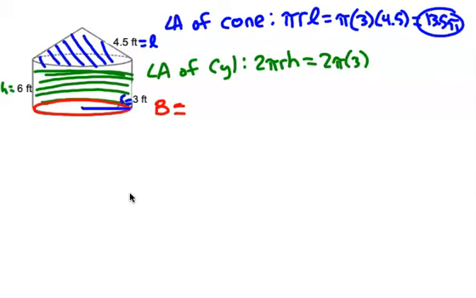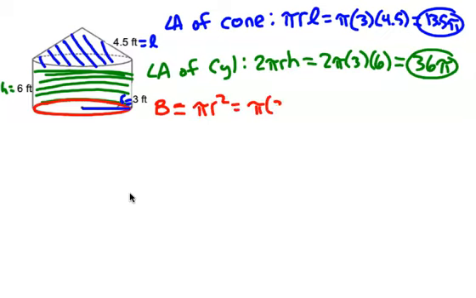That's 6. So 2 times pi times 3 times 6 is what we're doing. So this is 36 pi. And then we need the area of just that bottom base. That's the only base that is showing. Pi r squared is the area of a circle. So pi times 3 squared, so 9 pi.